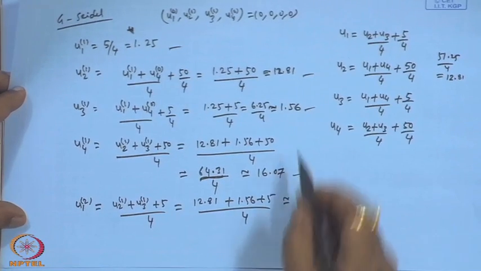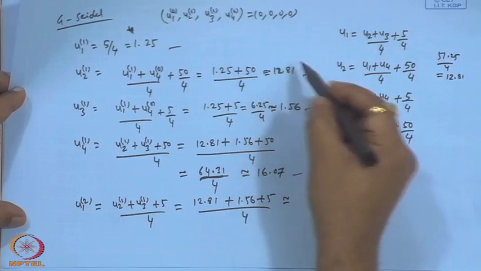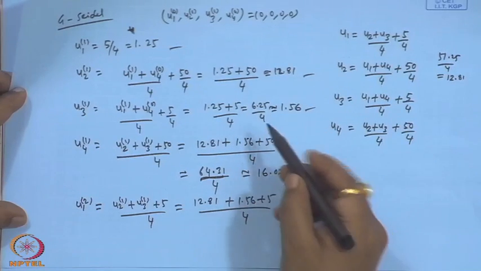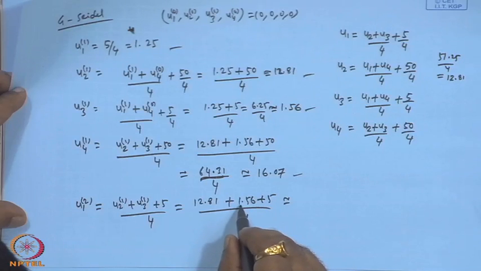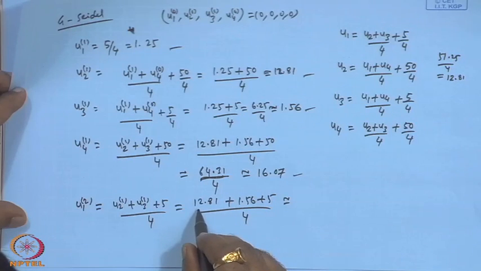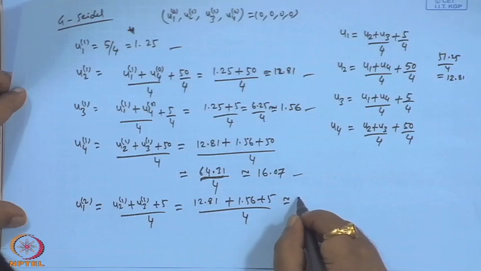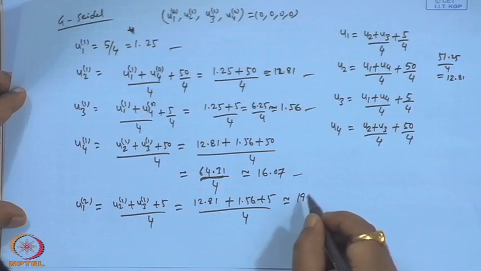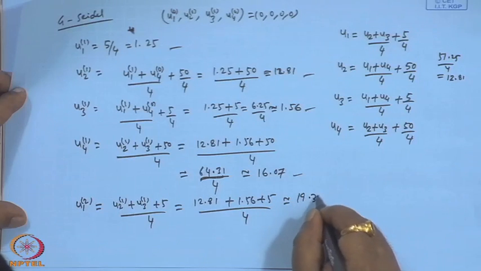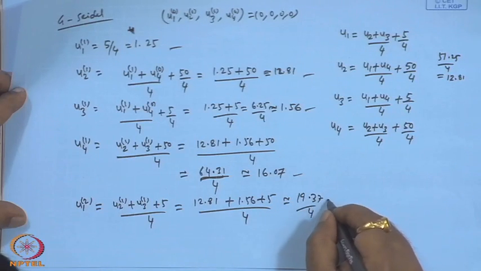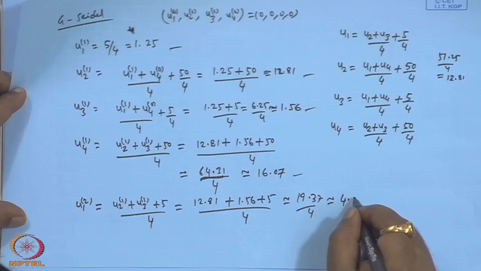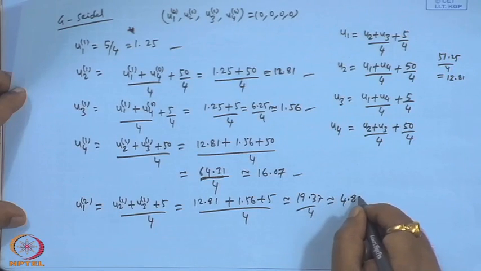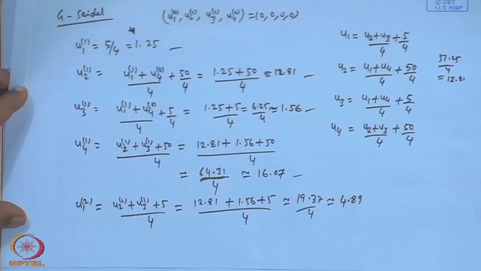Okay. So, if there is a mistake, kindly correct it. Okay. It only illustrates the method. Okay. So, this is roughly 19 point something. So, roughly this much.